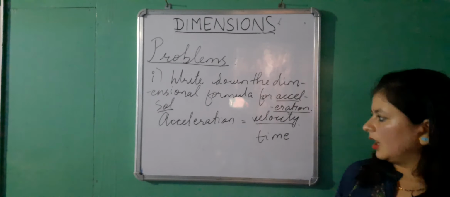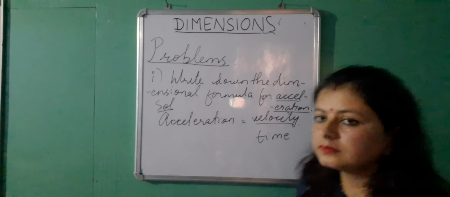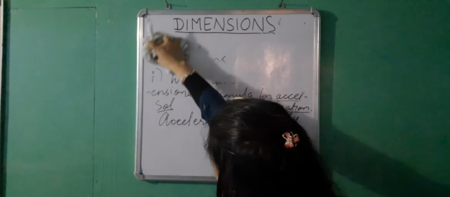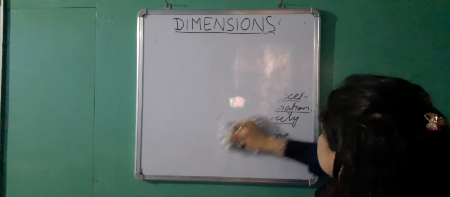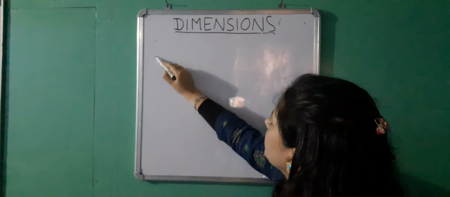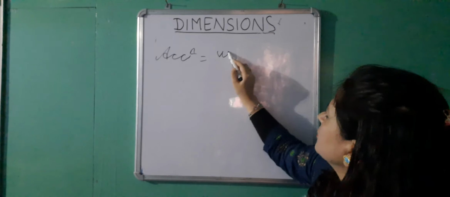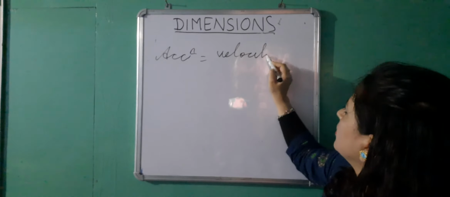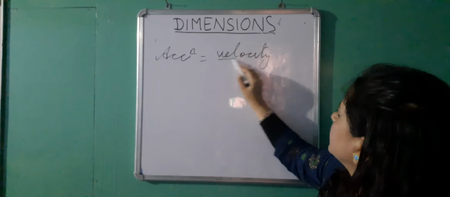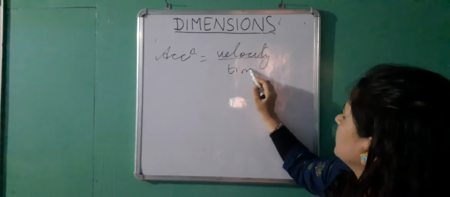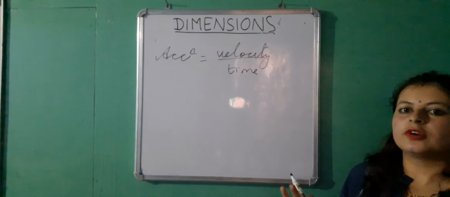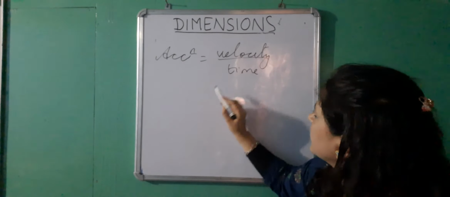All right, now acceleration, writing it here, is equal to velocity per time. Now, the dimensional formula for acceleration.